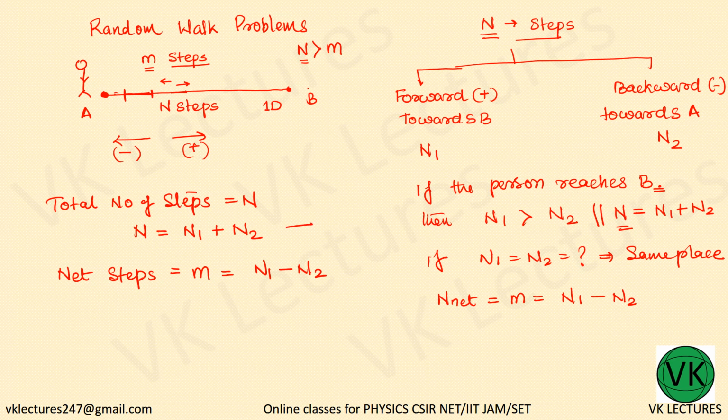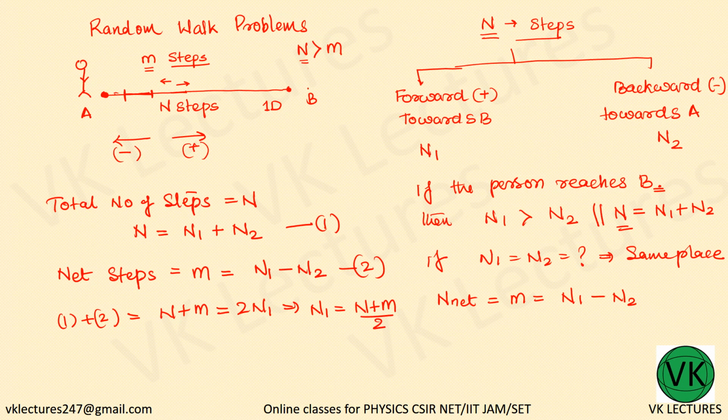These are two equations, 1 and 2. You can add 1 plus 2, that gives n plus m equal to 2n1, which gives n1, the number of forward steps, is equal to (n plus m) by 2.